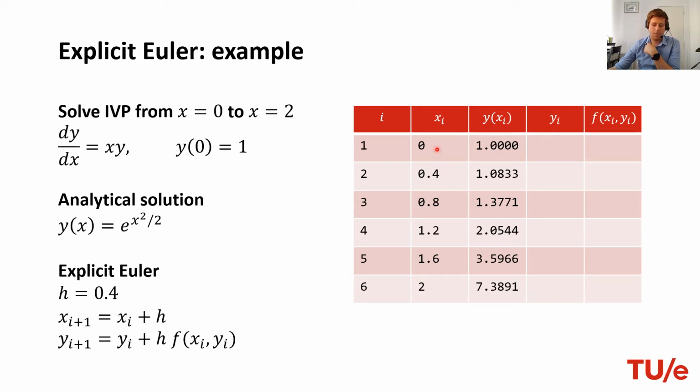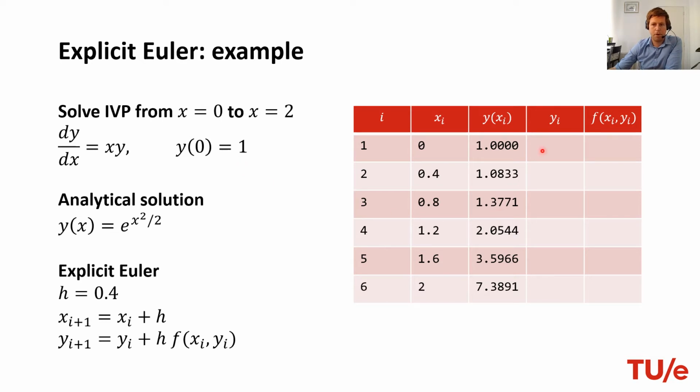So we start with our first point, i is equal to 1. For i equal to 1, we simply start at the initial point in the interval, so xi is equal to 0. And we have a pre-specified initial condition. So we know that the exact solution, the function that we're looking for, y at 0, should be equal to 1.